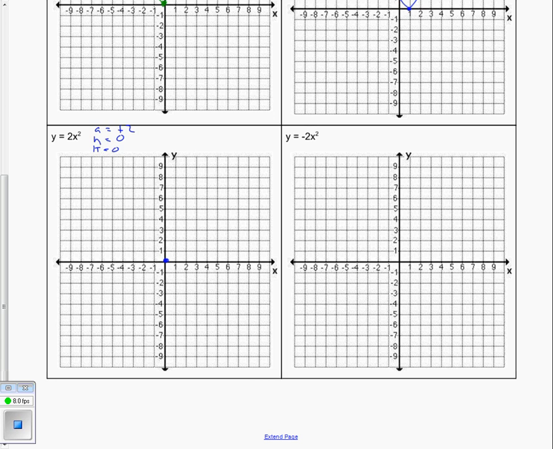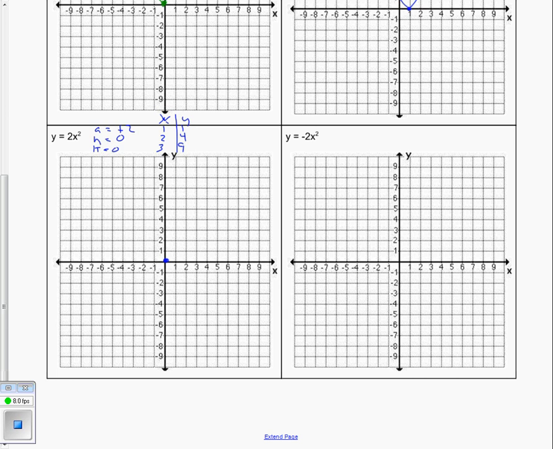However, the a value is now positive 2, and that means that our step pattern of 1, 4, 9 is going to change. So if we look at our basic step pattern where we go over 1, over 2, and then over 3, we went 1, 4, 9.